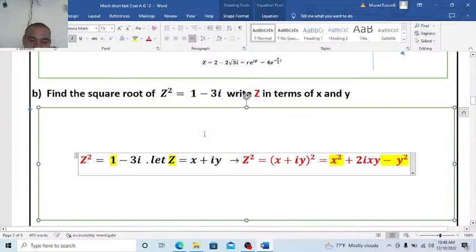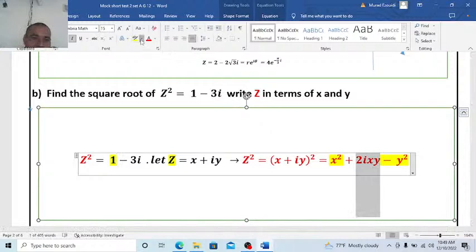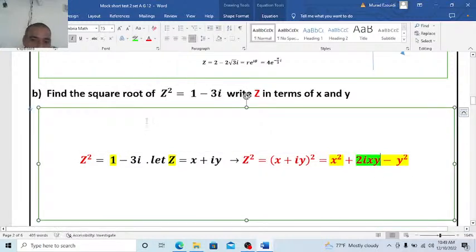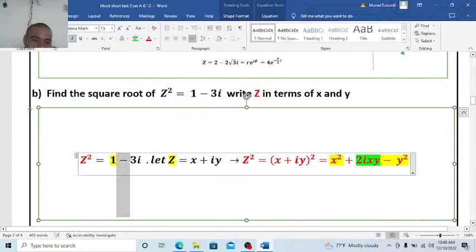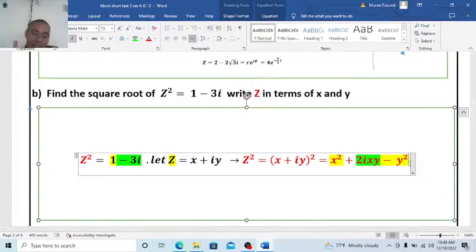Then I will tell that 2ixy should be equal to what? To negative 3i. Then I will cancel the i, and then I will try to rearrange my equation and find x as a subject and y as a subject, because I'm going to need them there.